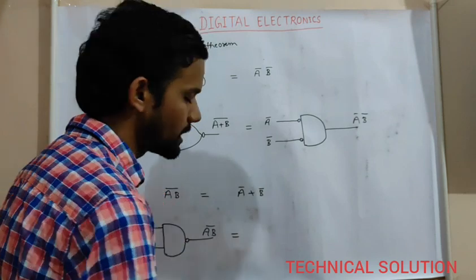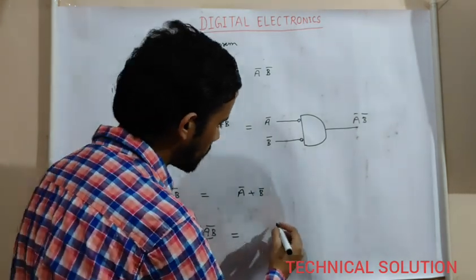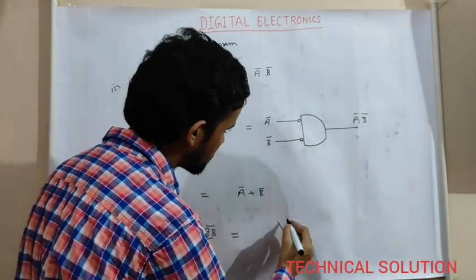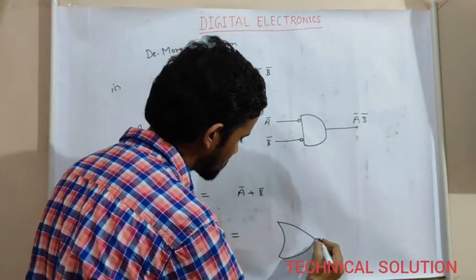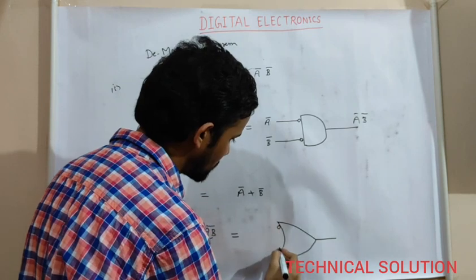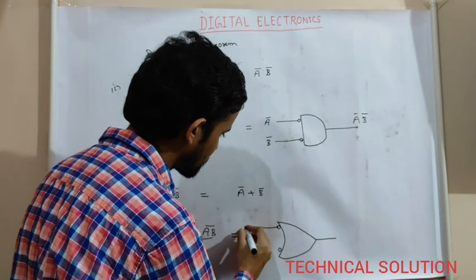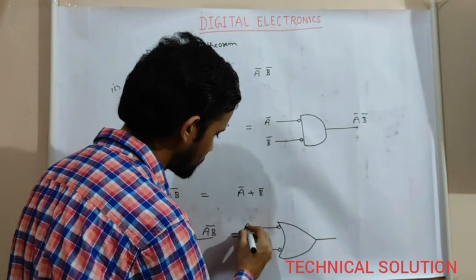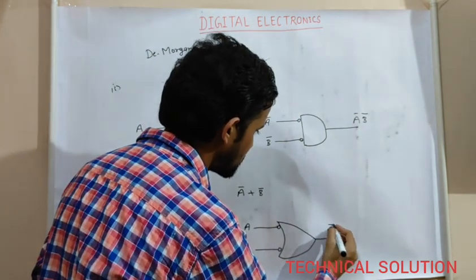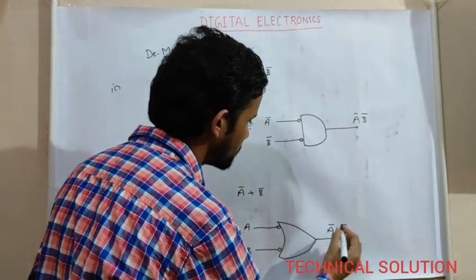Whereas this A complement plus B complement is given by the bubbled OR gate, that is like this. This is A and this is B. This is A complement plus B complement.